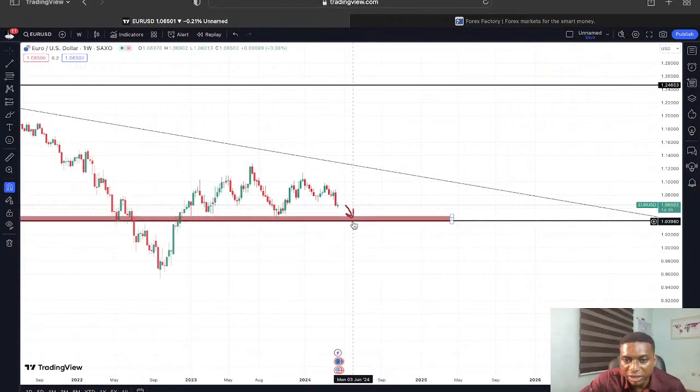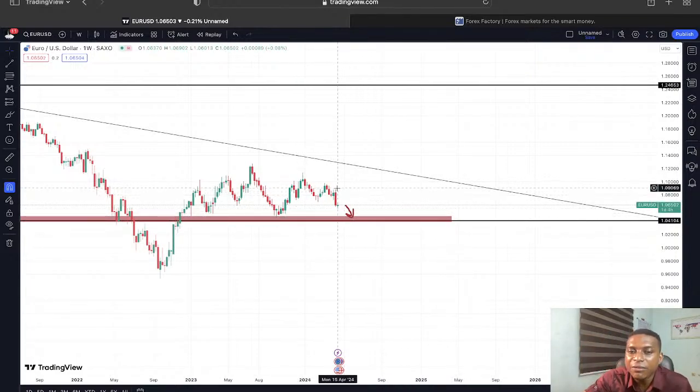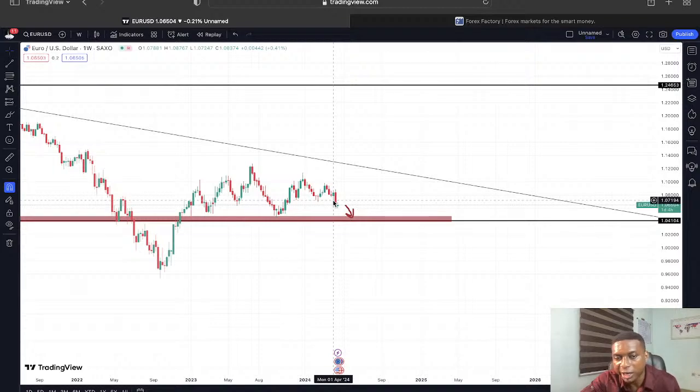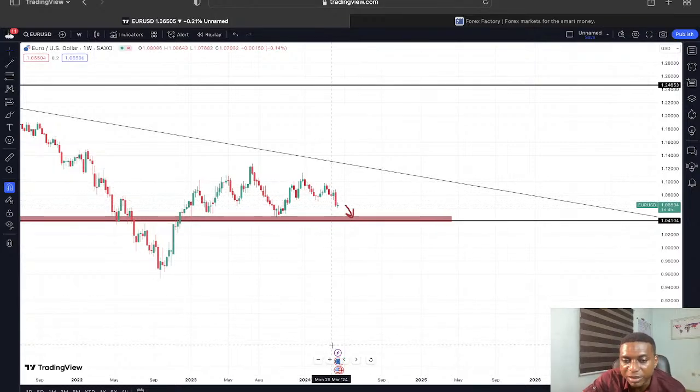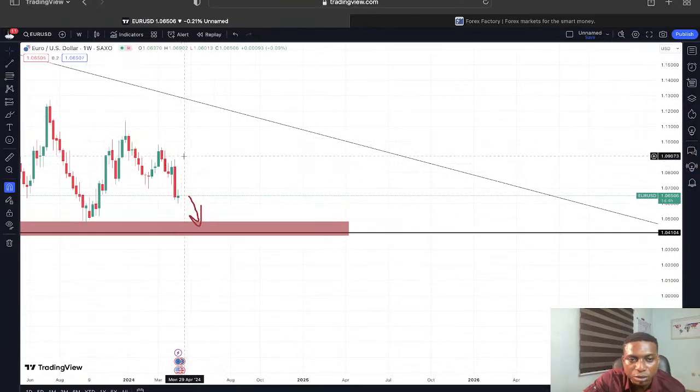Price will definitely come and touch this support zone. You know why? Because of the heavy presence of the bears, which is captured in the last week candle, as you can see.